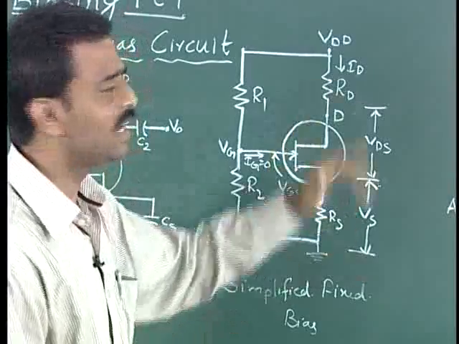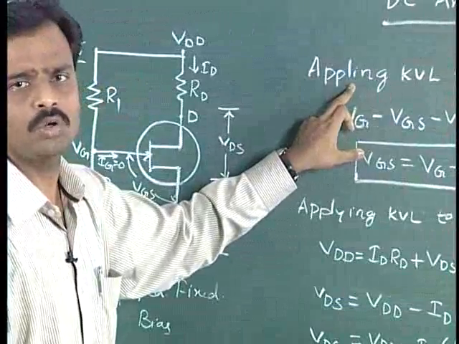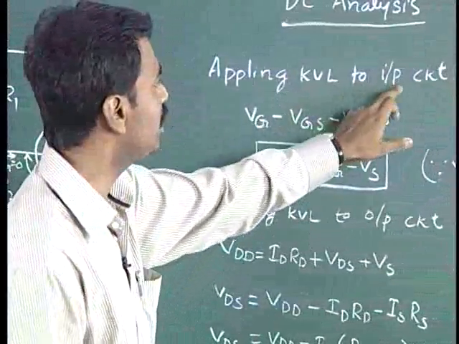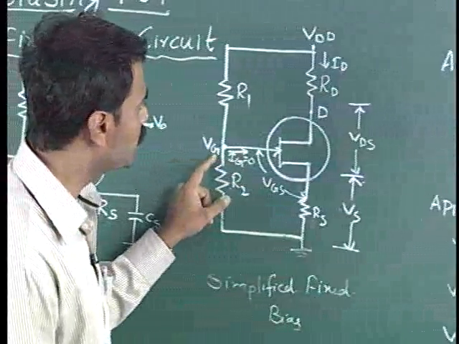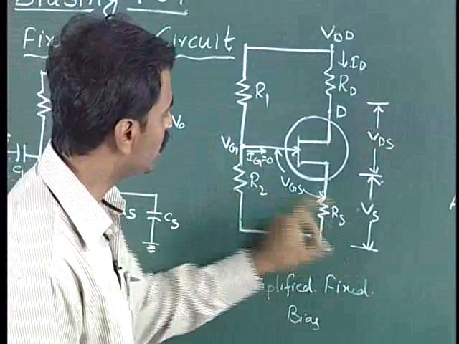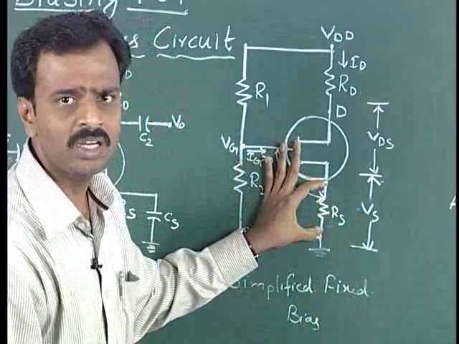Now we'll see the analysis of this circuit. As I have told, we have to apply KVL to the input of the circuit. By applying KVL to the input circuit, we get VG minus VGS minus VS equals 0. There are three voltages here, because the voltage VS comes into the picture.